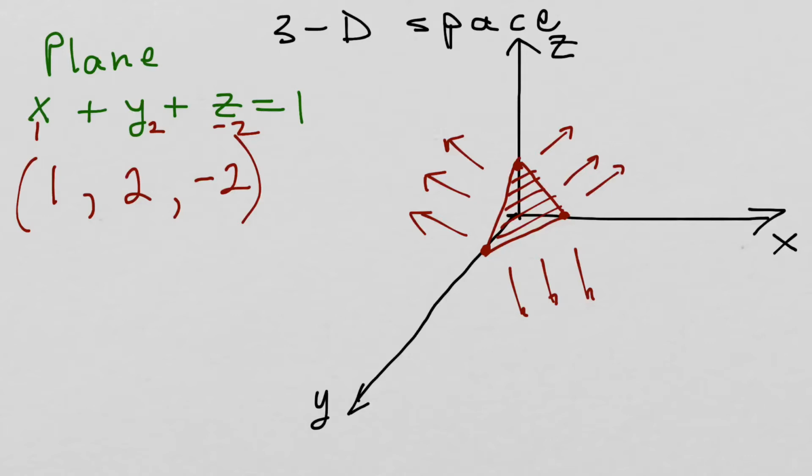So let's go ahead and plot it. I've got to go 1 in the x, and then 2 in the y, and then -2 in the z. So it's roughly down here.